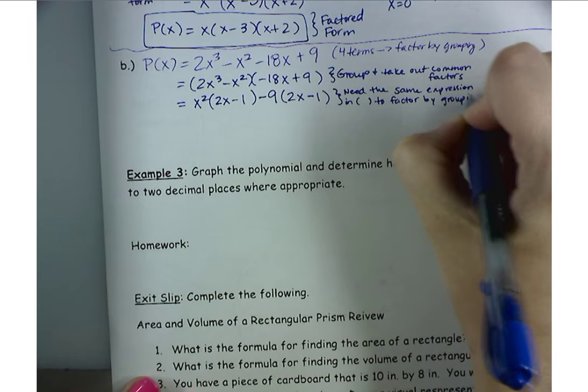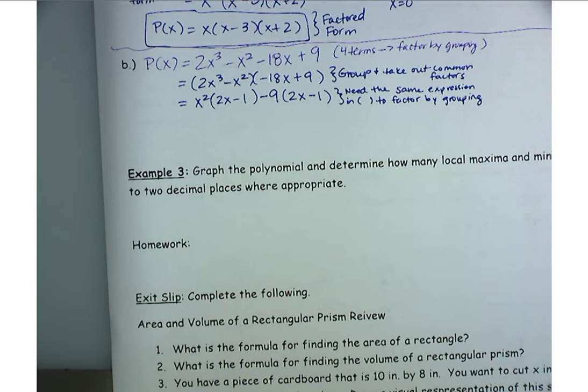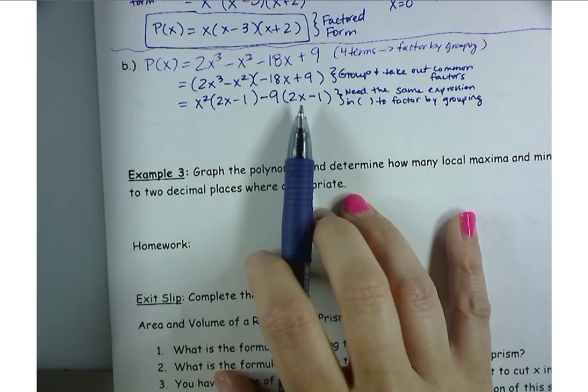And that's because what you're really doing is a version of the distributive property. So see how this is x squared times 2x minus 1? Yes, we see that? Okay, and then this would be negative 9 times 2x minus 1.